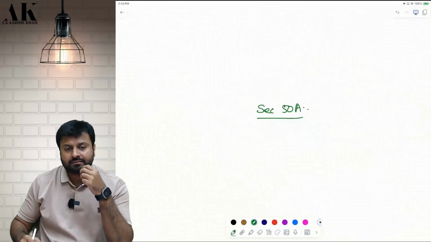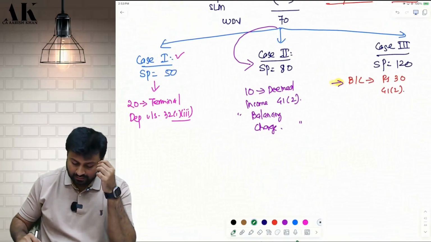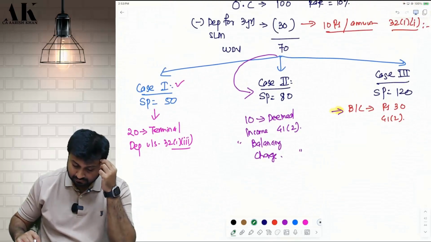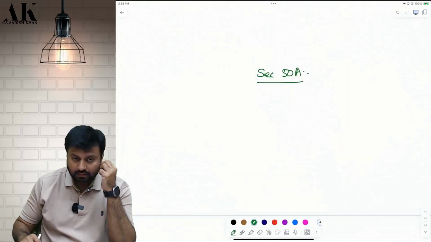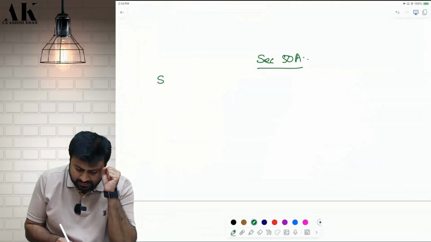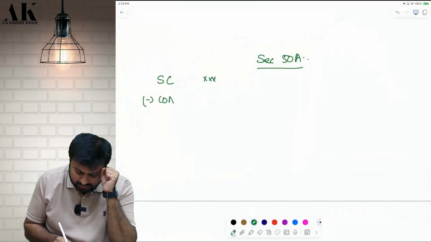Listen carefully. What is capital gains? It is nothing but your sale minus your cost of acquisition. This is your capital gains.